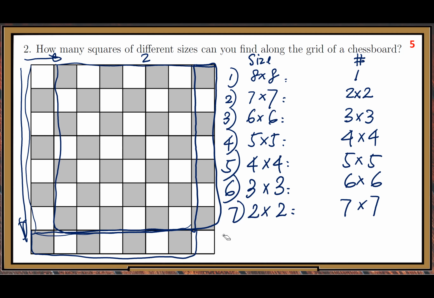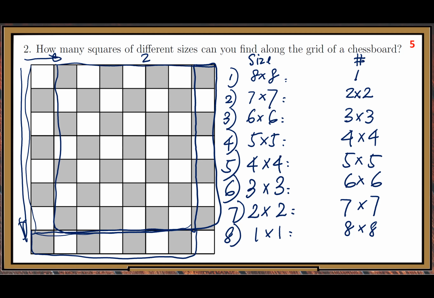In the last case, 1 by 1 size, the number 8 by 8. How about that? Madison noticed the inverse. Good, right, inverse.